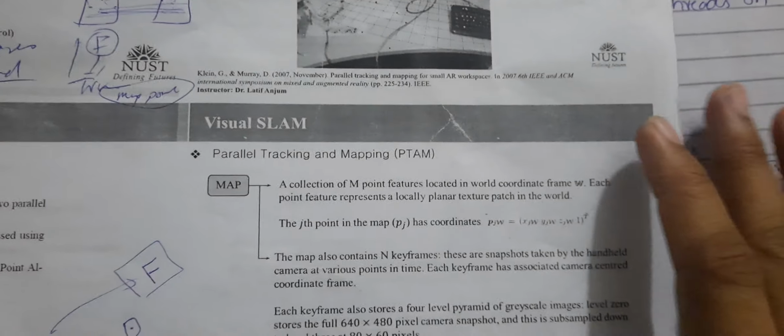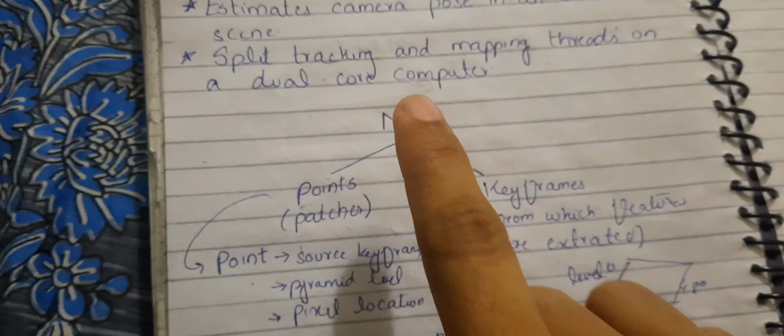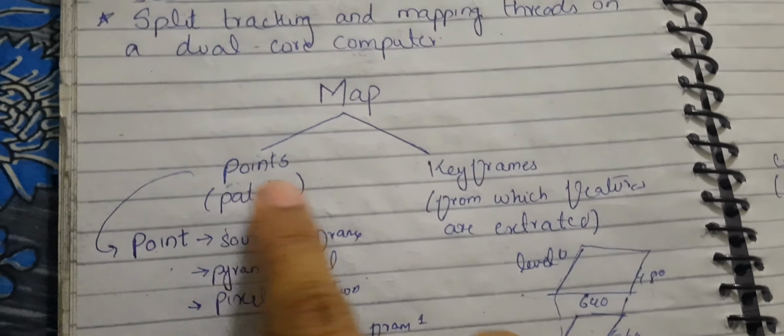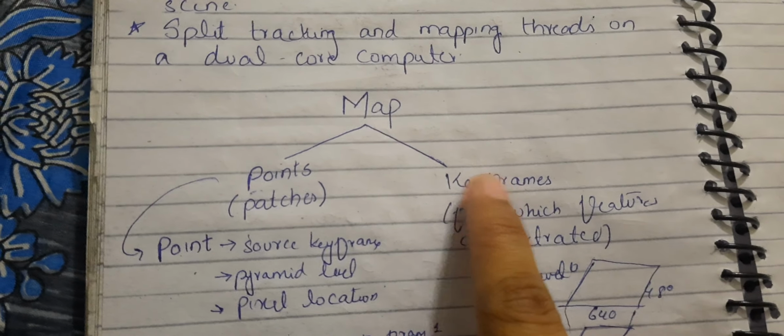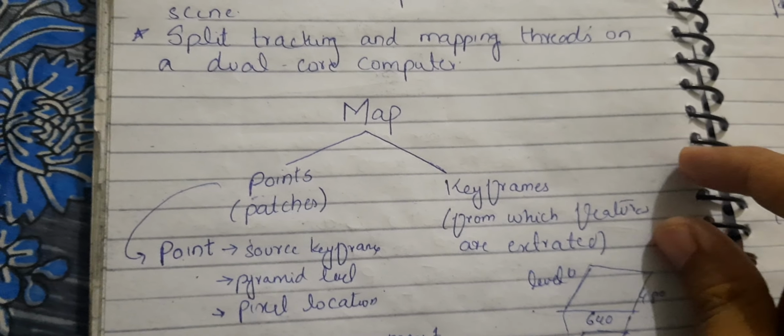So now let's start with how it builds the map and keeps track of itself. The map consists of points as well as keyframes. What are keyframes? Obviously, observations from the environment.